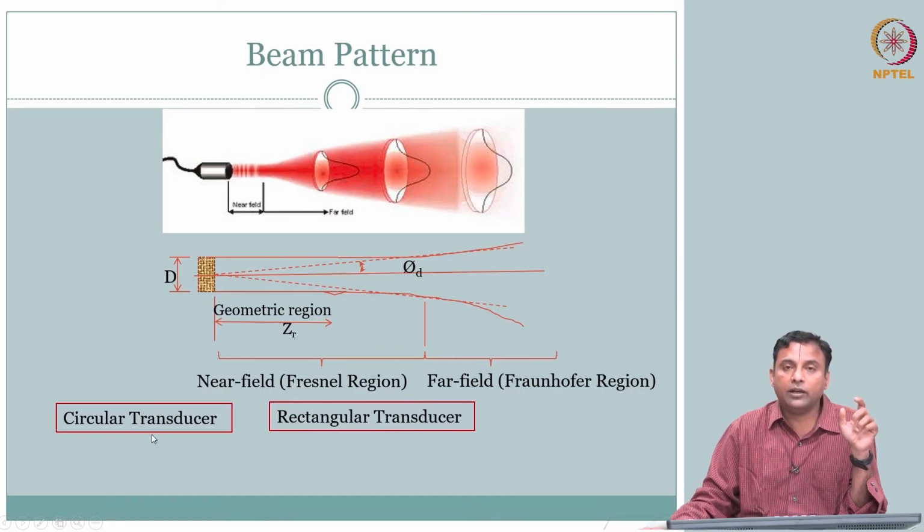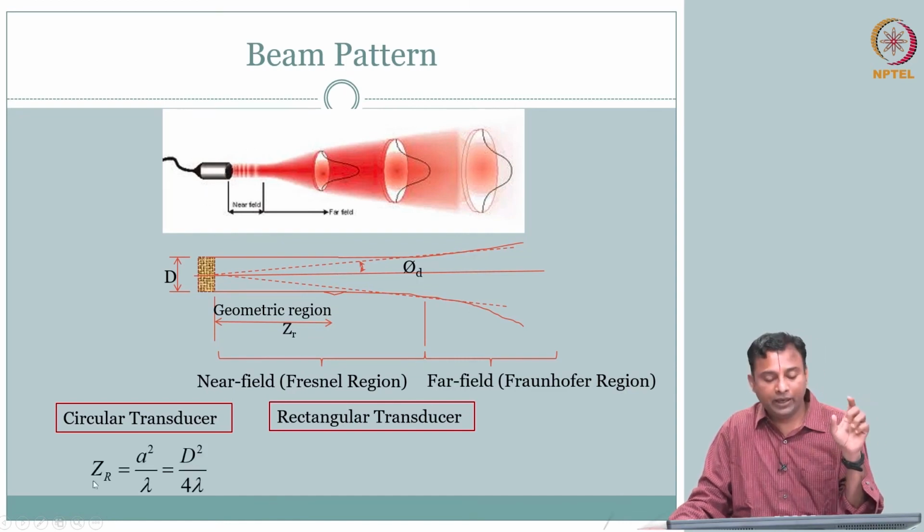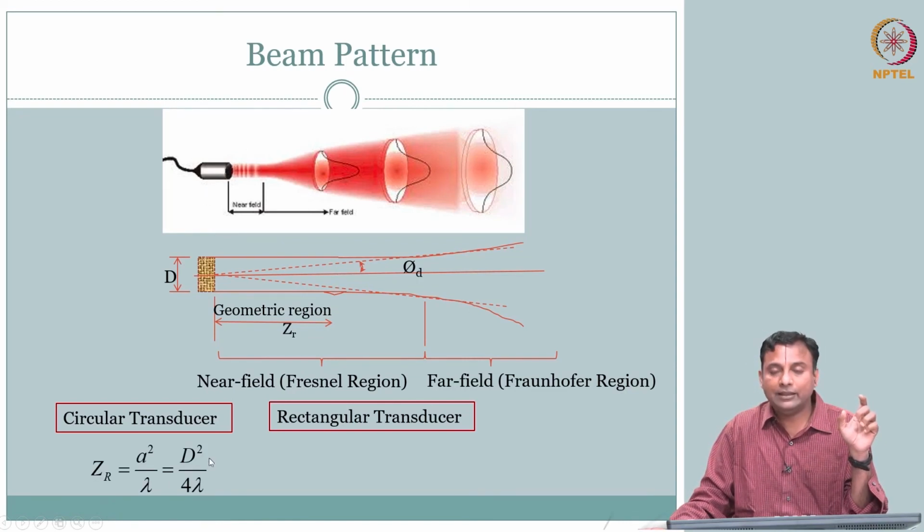If it's a circular transducer, it turns out that you can retain this geometry, the geometric region, as d square by 4 lambda, before the divergence kicks in, before the width is greater than your d.